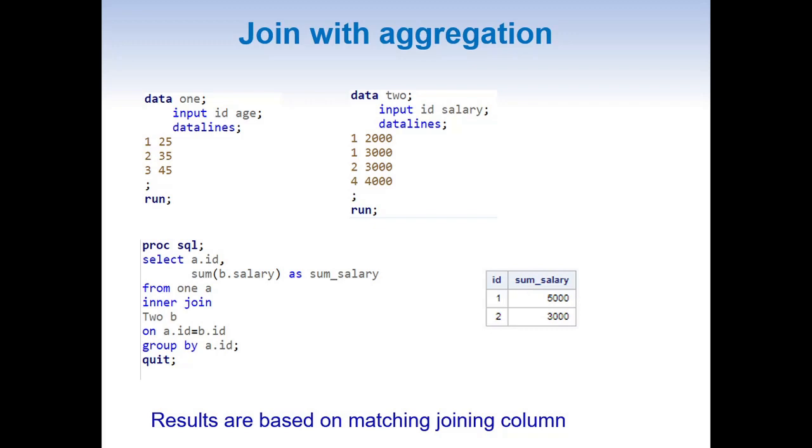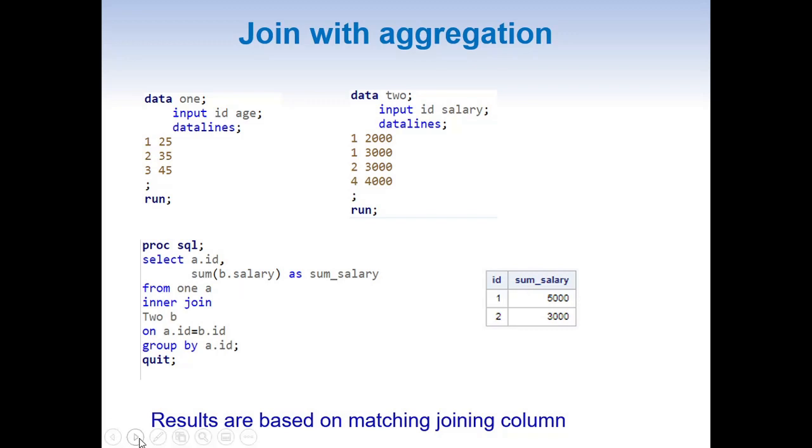We can also do a sum on this salary variable by adding group by id. Here I am saying group by a.id, and then I select a.id, and also I am doing sum on this salary. So this gives me results as follows. So not only can you bring the variables, but you can do the sum also in the same step in the inner join which we were doing.